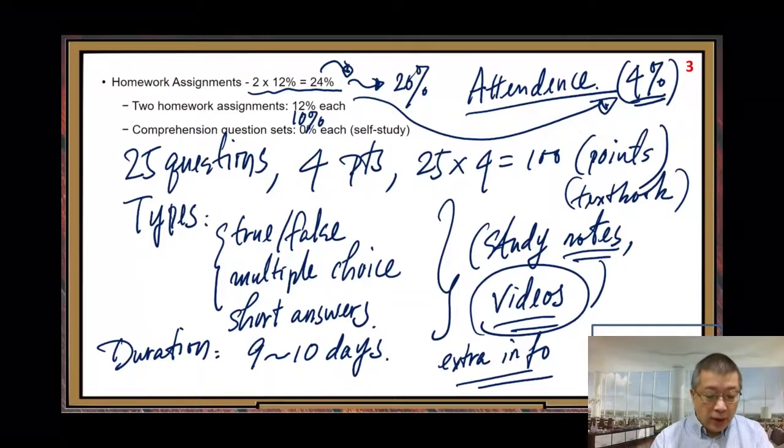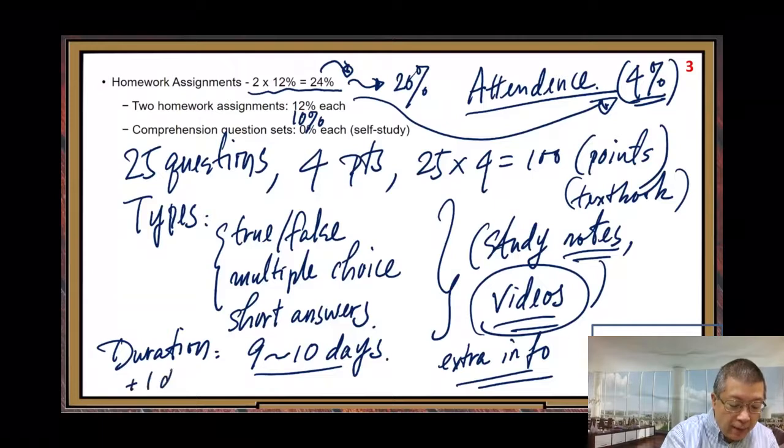Even so, in order to make the pressure as low as possible, I want to take a policy like this. Even after 9 to 10 days, I take 1 day as the grace period.